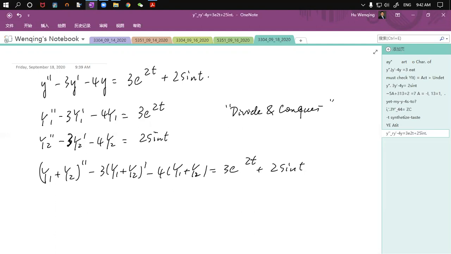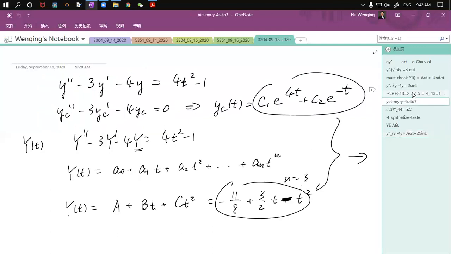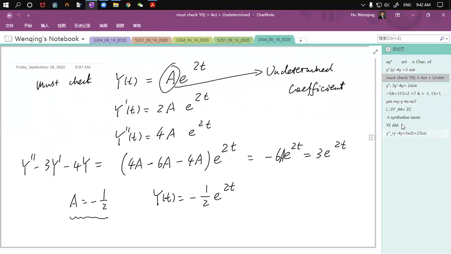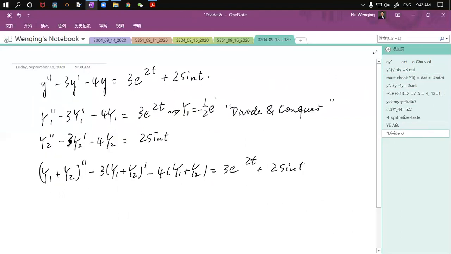So you should apply this divide and conquer idea, and it already tells us that y1 is already found in our first example: minus 1/2 e to the power 2t.